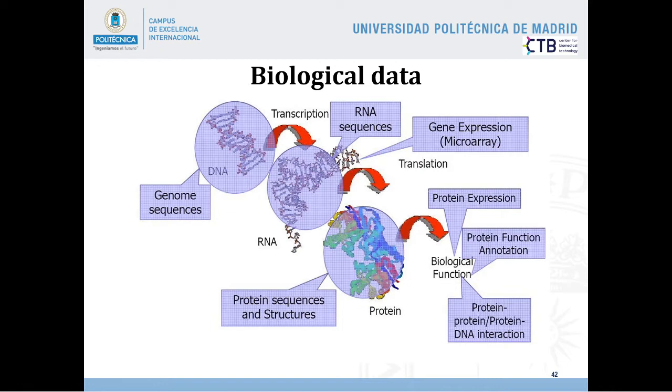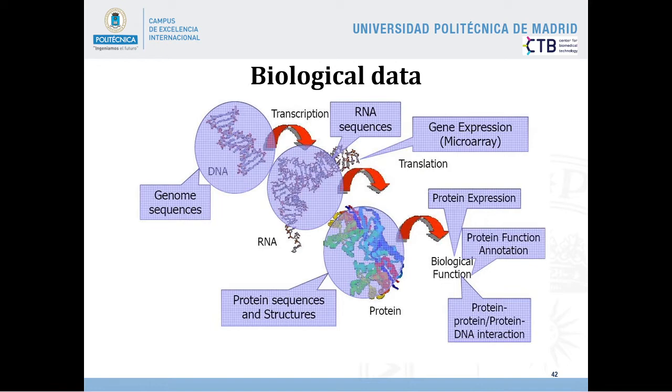We also have another strand for the DNA, the reverse strand, from which we transcribe to RNA, another molecule that will be translated into proteins. So we have those three main components in the biological information, which are DNA, RNA, and proteins.